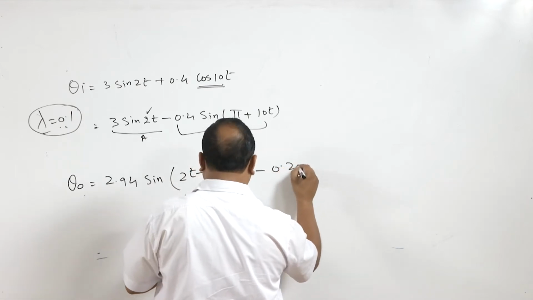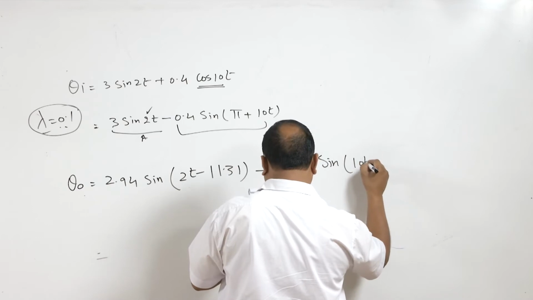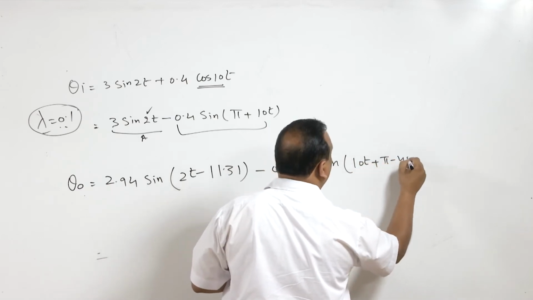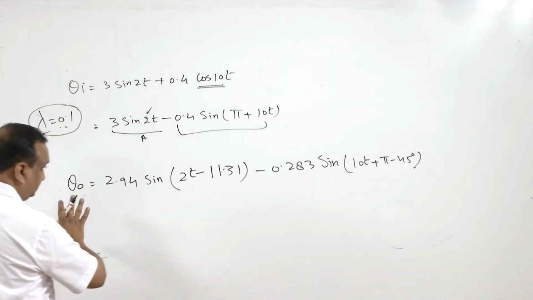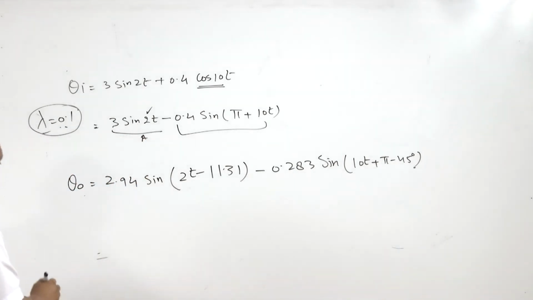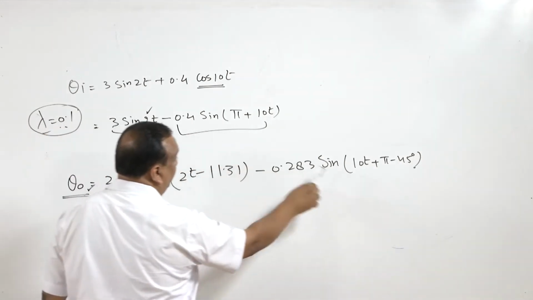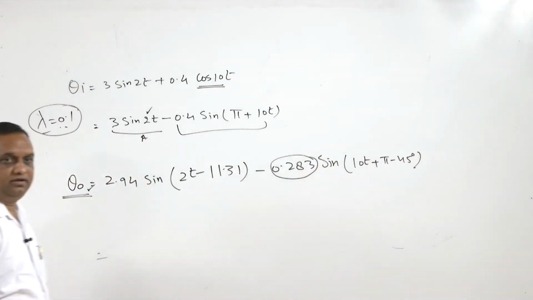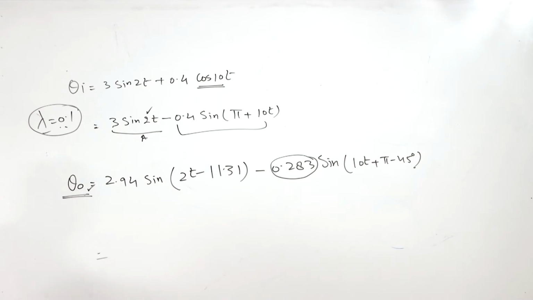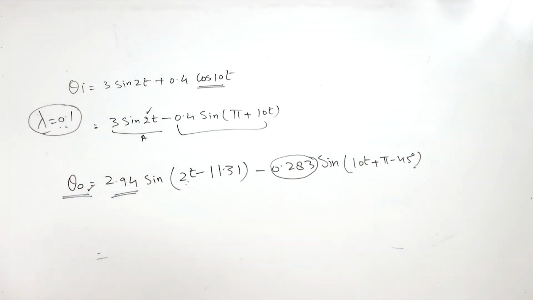Minus 0.283 sine (10t plus pi minus 45 degree), right? And this is the final response. Now here we can see that when omega is high, the amplitude ratio of output to input is low. When omega is low, when omega is only 2, the ratio has gone up to 0.98. This is an observation in this case.